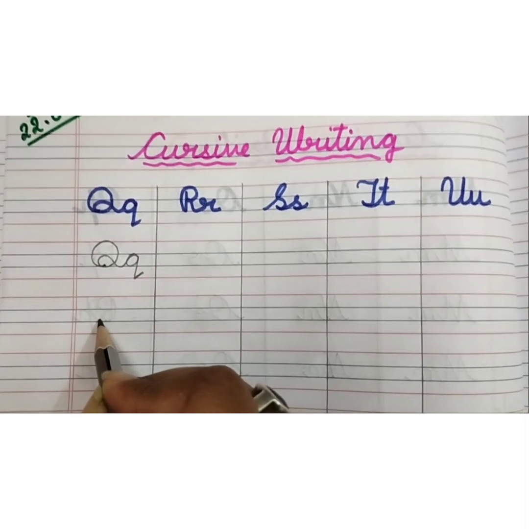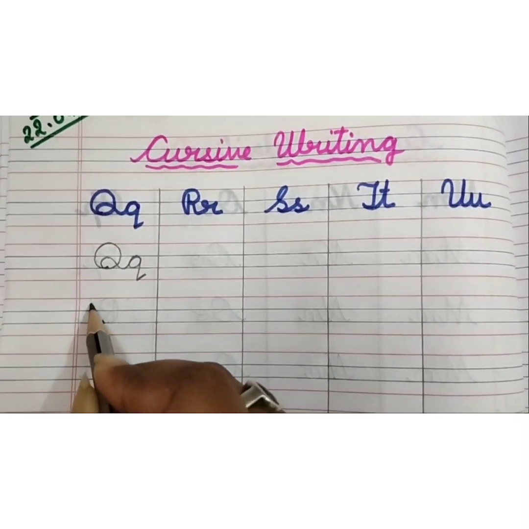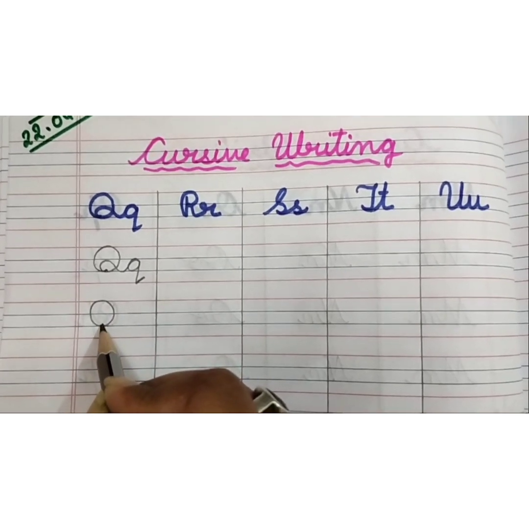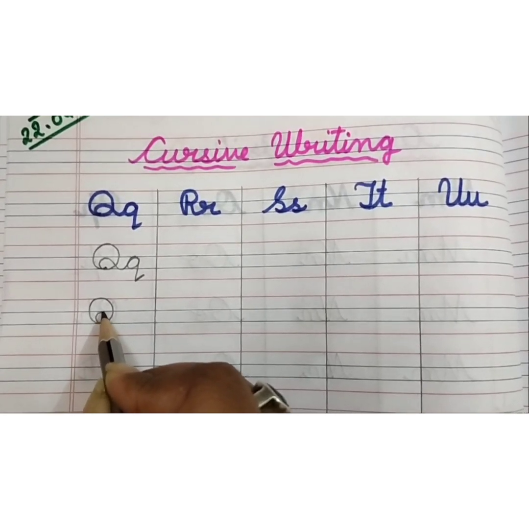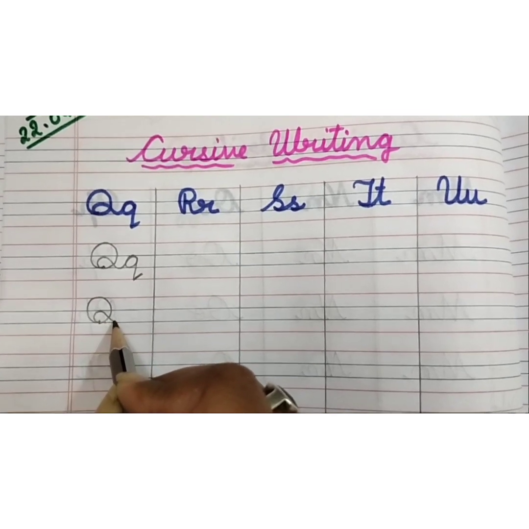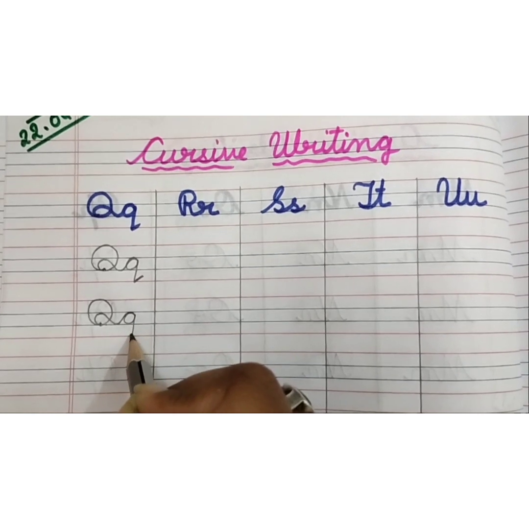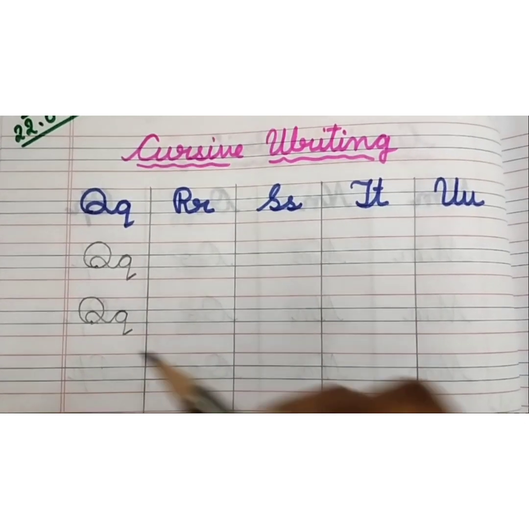From this third line, we will touch the red line and we will make a circle. Then we will come down. From here, we will touch this blue line. Then again we will come down and we will join and we will write small letter Q.